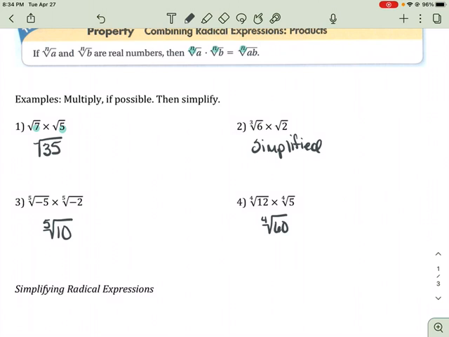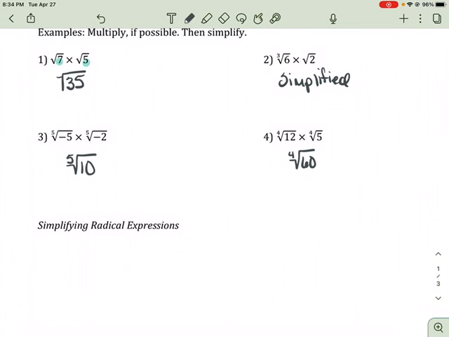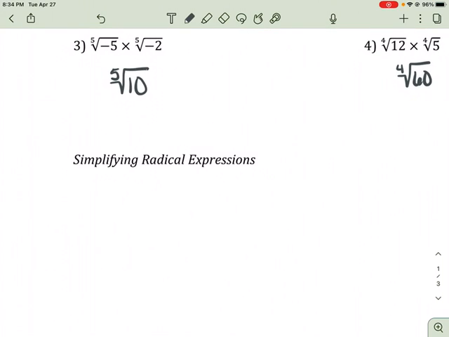Because 35, it's an odd number. That's no big deal. We can break down this radical, but we've got to look at their factors. So we're going to simplify radical expressions, and the way this is going to work is that we're going to break down the factors. We're going to find factors of the radicand.